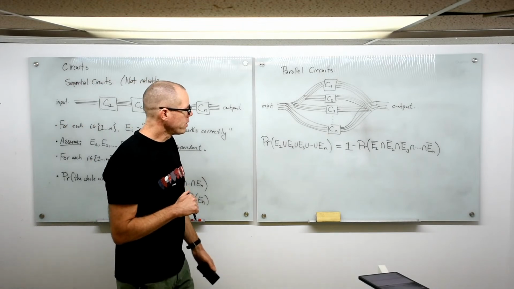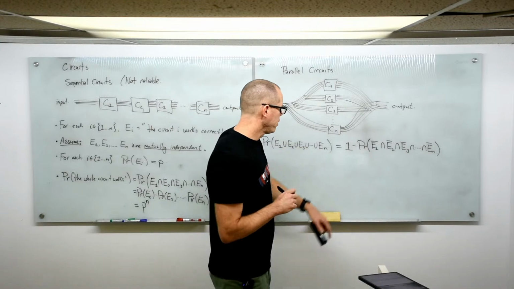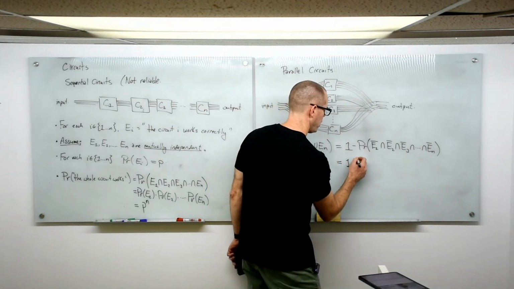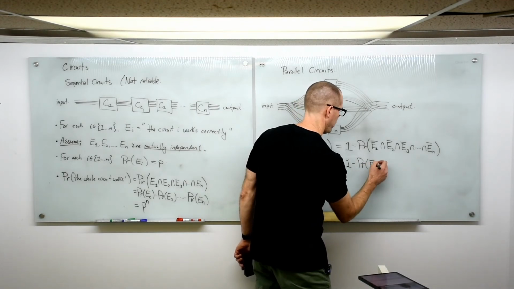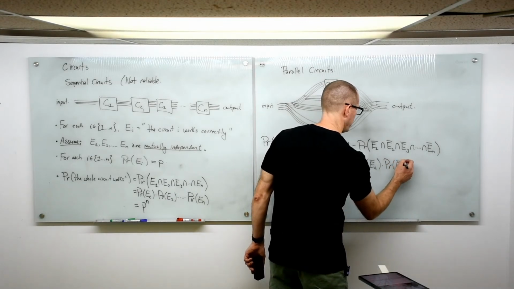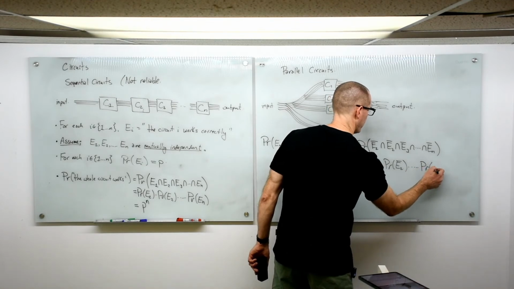Okay, so that's what we have. And now we use that independence, mutual independence, to get the probability of not E1 times the probability of not E2 times, and so on, up to the probability of not En.